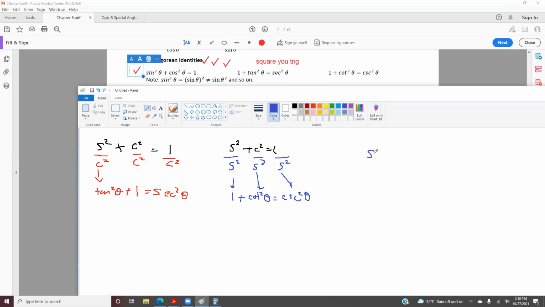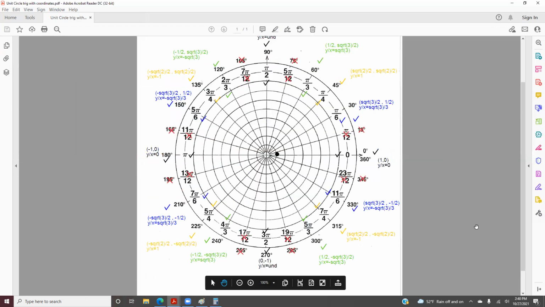For example, remember we do sine 30 degrees, right? If you look at a unit circle, does anyone know what sine 30 degrees is?